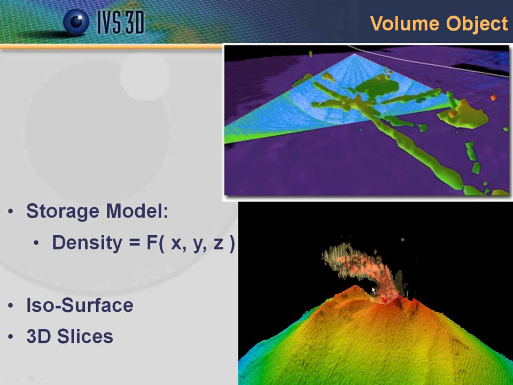And you can see in the bottom sample here, there are actually two isosurfaces at different intensities. This is gas being ejected from an underwater volcano, and there are other options to view the volume data as 3D slices.